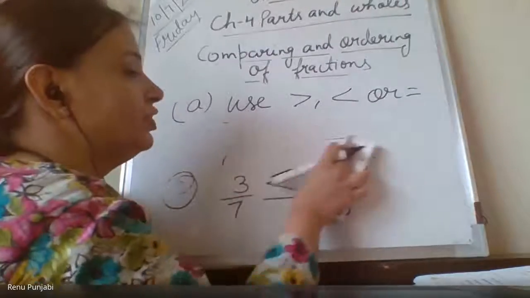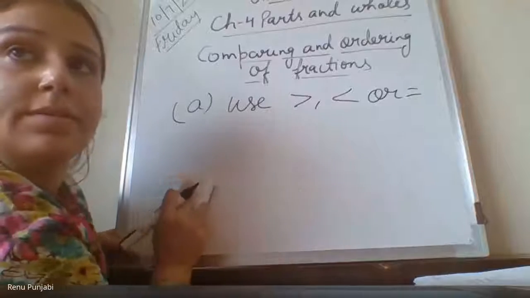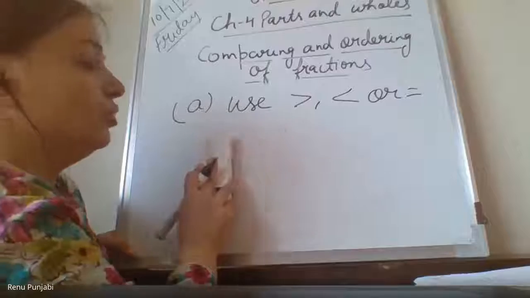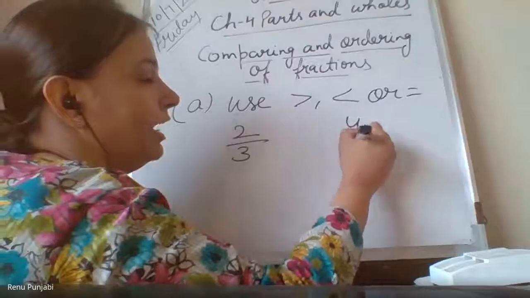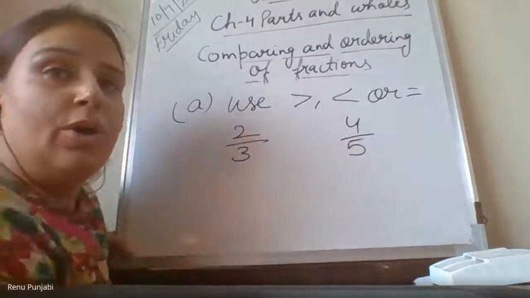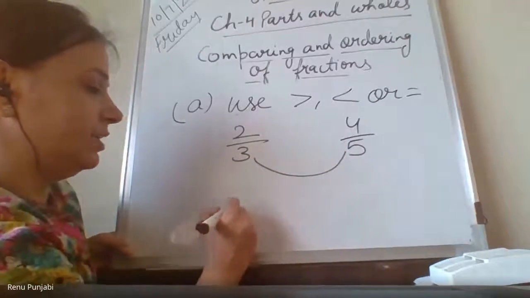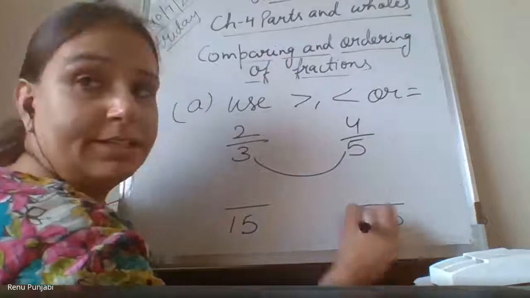Now, the third situation is 2 upon 3, 4 upon 5. Numerator also not same, denominator also not same. Multiply the denominators. 15, 15.